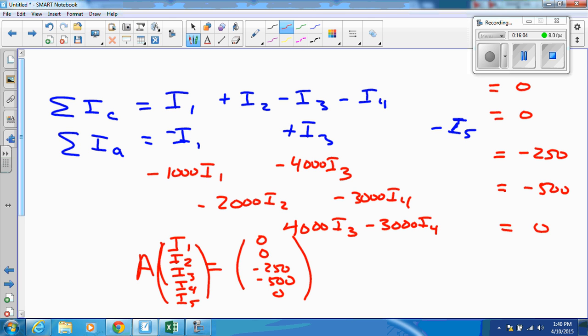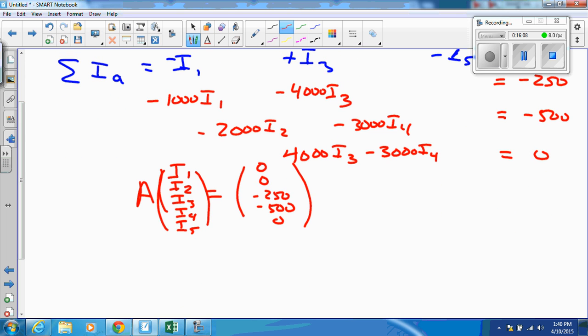And that's exactly what we're going to do. We're going to multiply both sides by the inverse of A, so that these cancel and give me the i's directly. All that we have to do is to set it up in our calculator and then tell the calculator to multiply by the inverse. Okay?